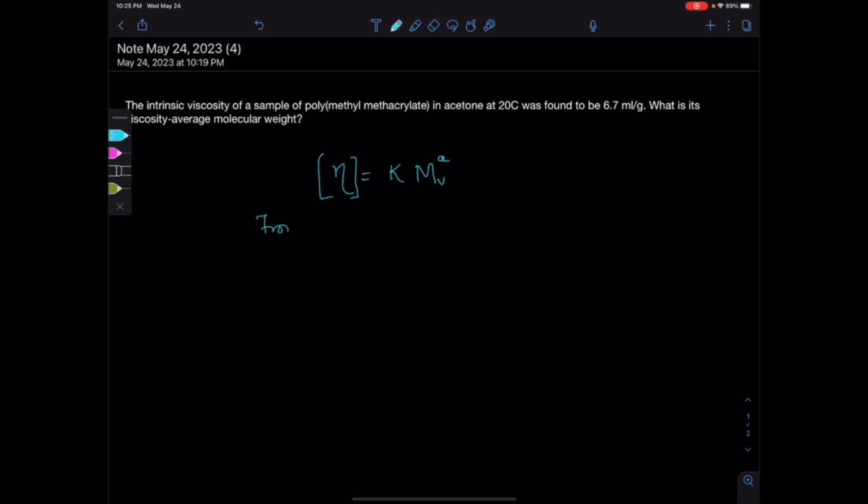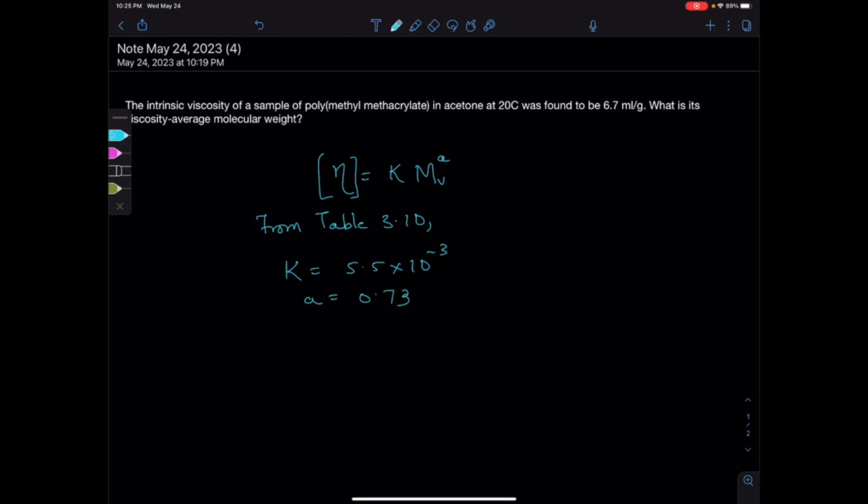From table 3.10, for polymethyl methacrylate in acetone at 20 degrees centigrade, the value of K is 5.5 times 10 to the negative 3, and the value of a is 0.73.